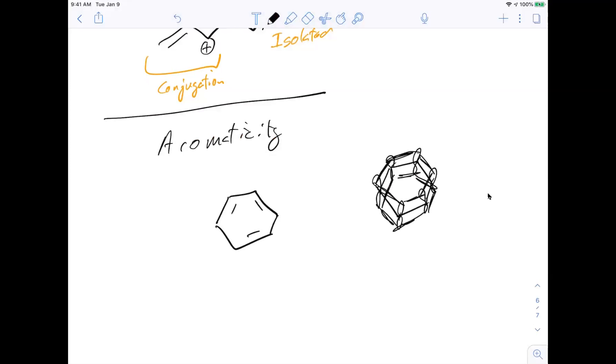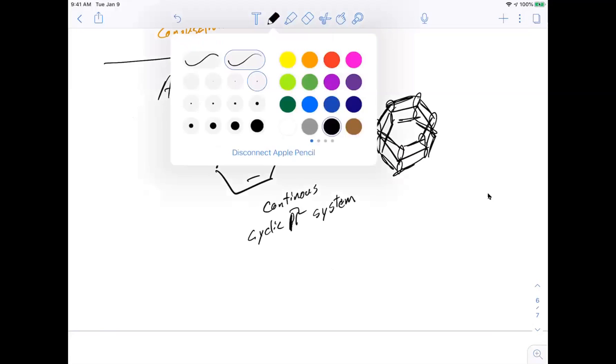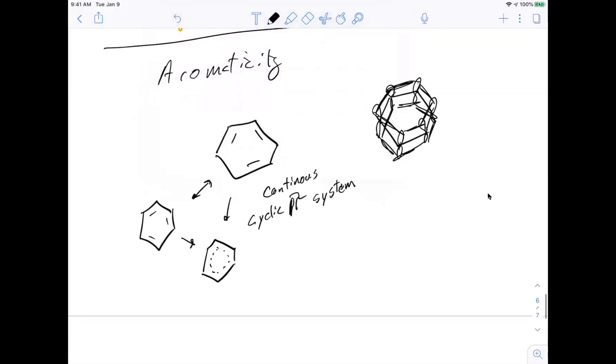What happens in aromaticity is that I have a continuous cyclic pi system. So if we wanted to draw the resonance contributors, we could rotate those double bonds. But in reality, this is going to behave as if it was a continuous system.